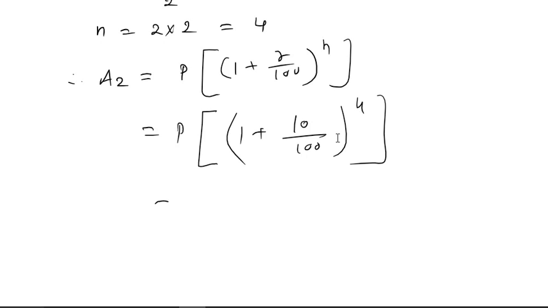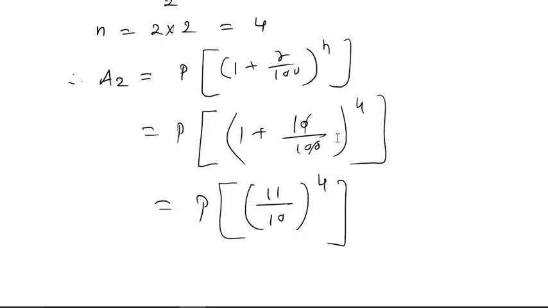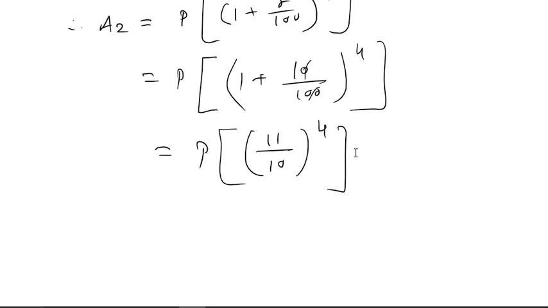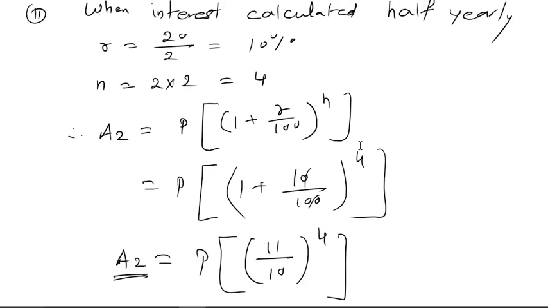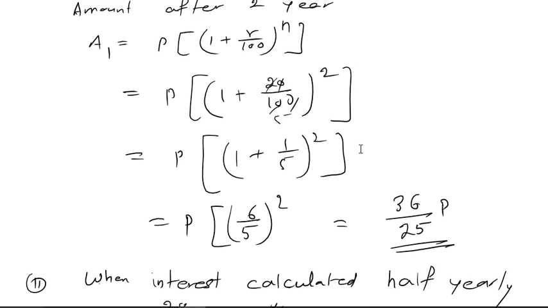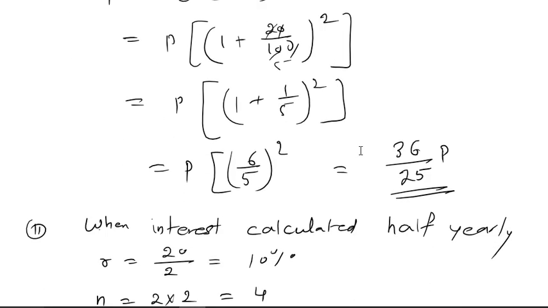So this is P into, this 0 and this 0 I will cancel, 10 plus 1 is 11, so 11 upon 10 the whole power 4. This is my A2. The value of A2 is P into 11 upon 10 power 4 and the value of A1 is 36 upon 25 P. Now we have got the amount after 2 years.